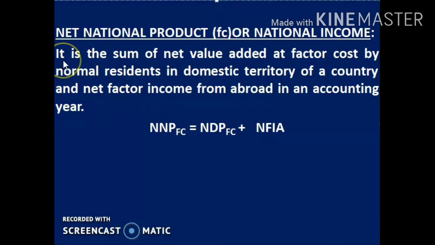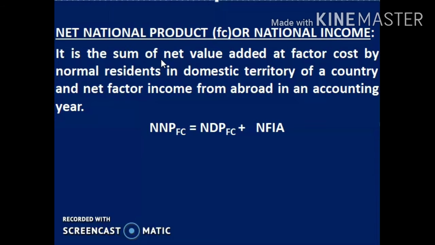So what is the definition? It is the sum of net value added at factor cost by normal residents in the domestic territory of a country and net factor income from abroad in an accounting year. In an accounting year is important for every term. Here it is net value added: whatever incomes or values are added to the factor cost in our domestic territory.